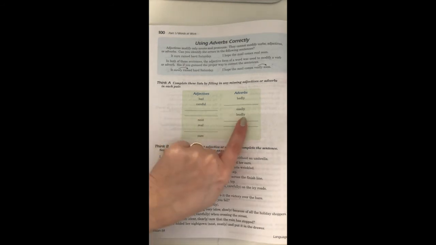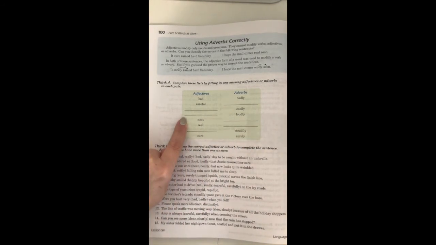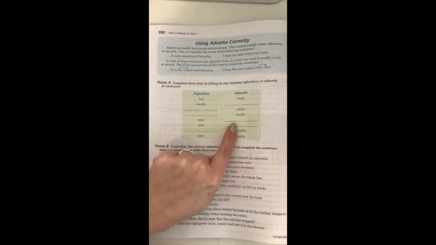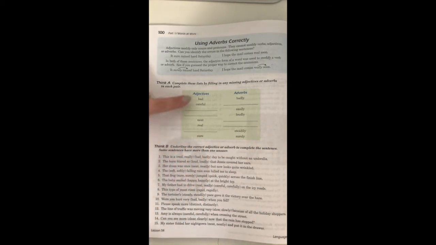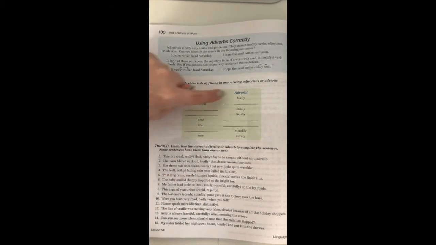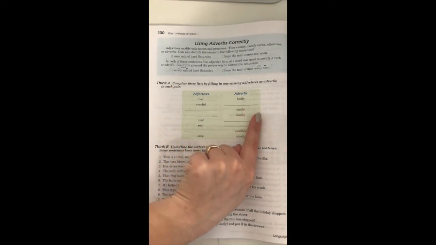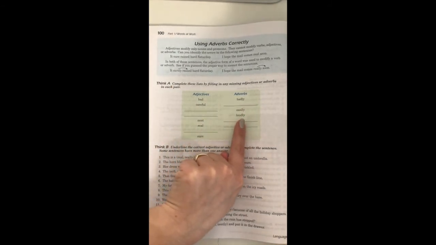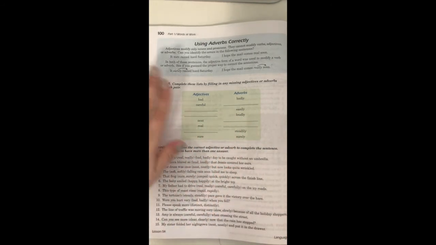Then we have loudly here, so that means this, neat. I'll give you one more. Neatly. We have a blank here to go with real. So you're just matching the adjectives and adverbs, adding ly usually and making sure that you remove the ly and write the correct word. So just a small exercise.